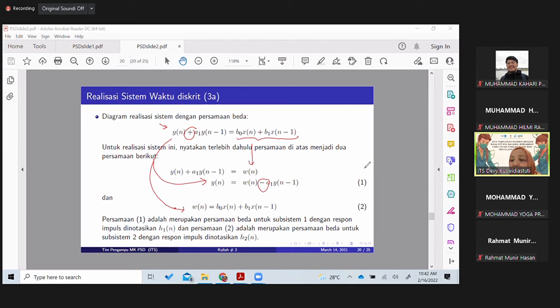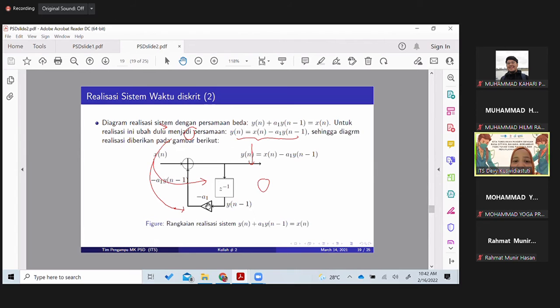What you have in the realization block diagram is that you put the value of the constant here, and the sign is associated with the constant value when the equation is already in this form.